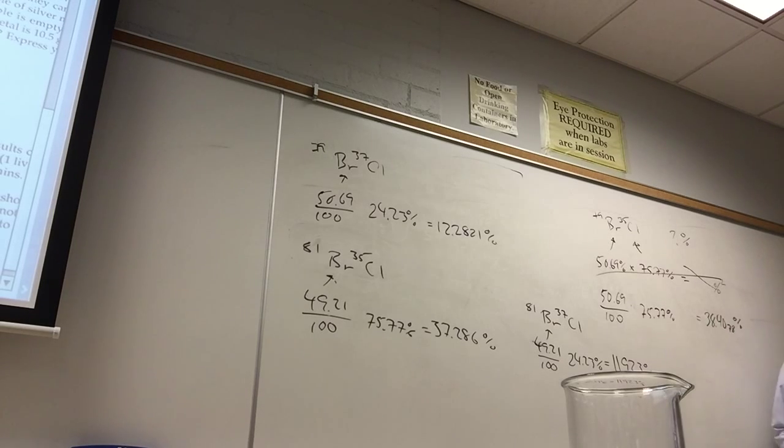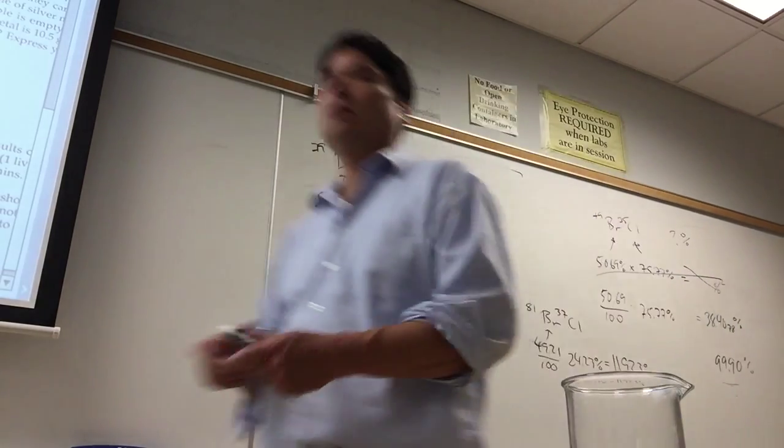What does it come out to? 99.90%. We're off. Are we missing 0.1% of the total, or is that due to round-off error? This is due to round-off error. If we carried all the digits all the way out, it should add up to 100%.